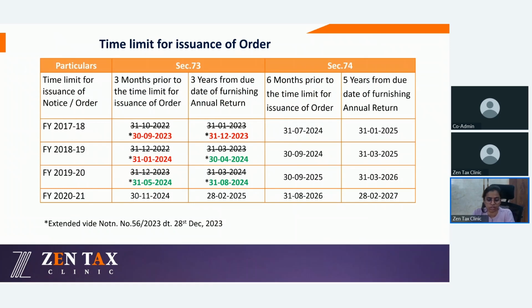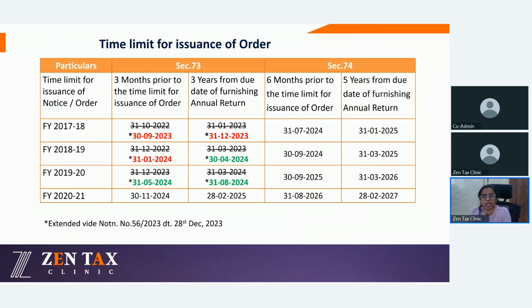As we all know, for section 74 the time limit has not expired, and they can still issue notices and orders under section 74 for 2018-19. After this April 30th, the time is over for passing an order, and going forward they will be issuing notices and orders for 2019-20 and subsequent years.